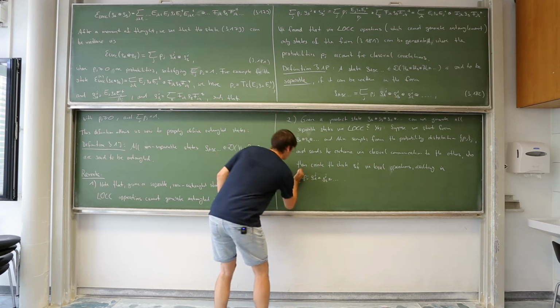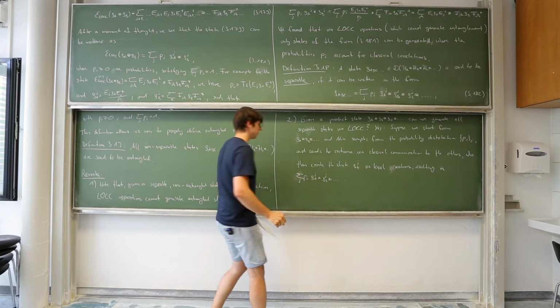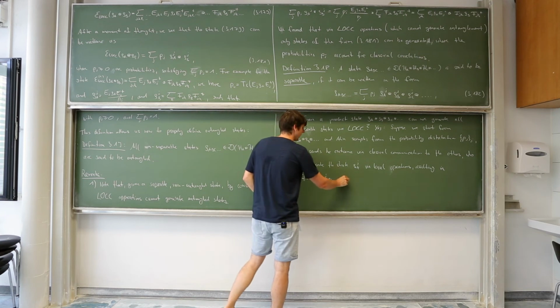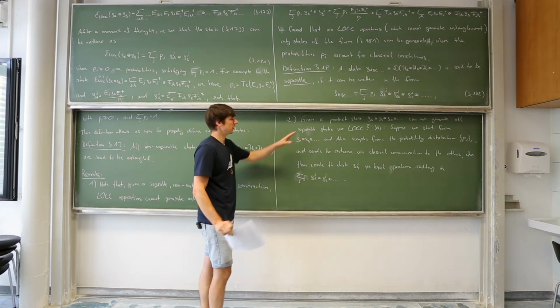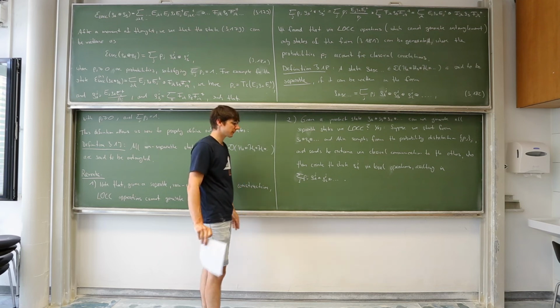So meaning that with this protocol we can generate all separable states, right? And with this we see that by given such a product state we can generate all separable states via LOCC.